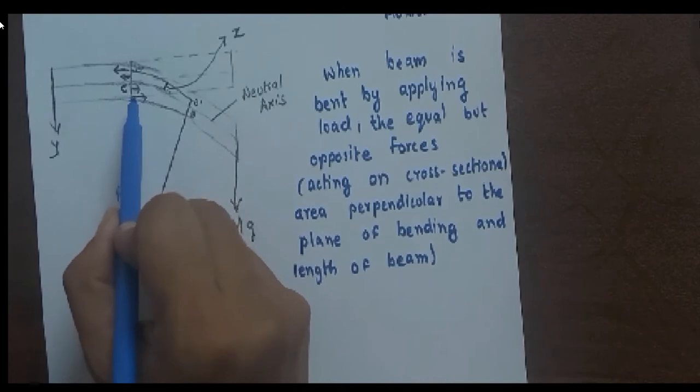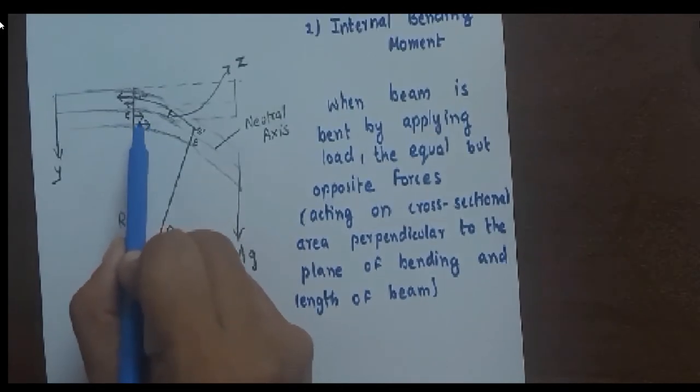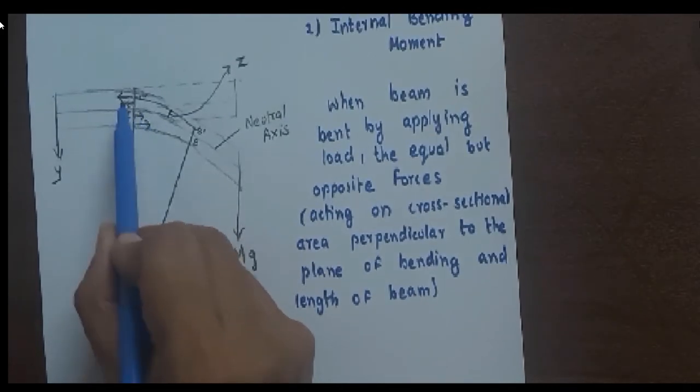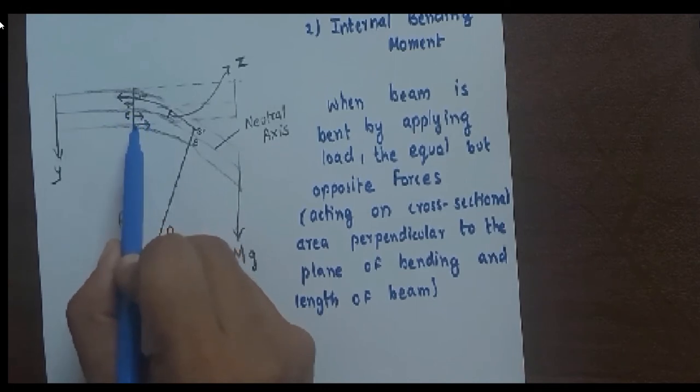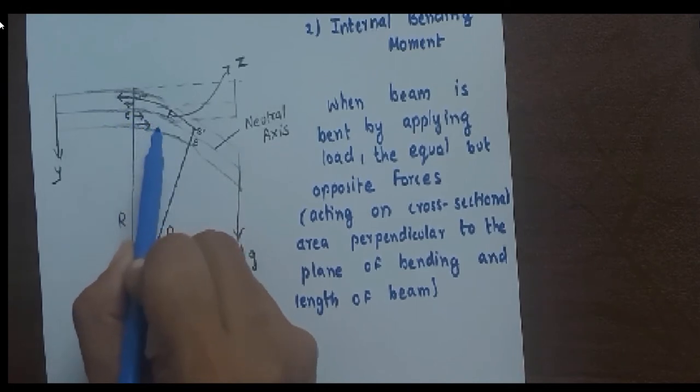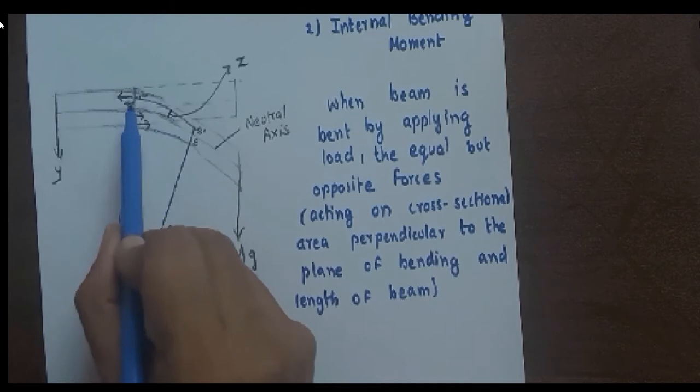So here you can see the opposite forces are generated. If you see, the arrows are in opposite directions: one pointing toward the positive x direction, and here this is the negative x direction.